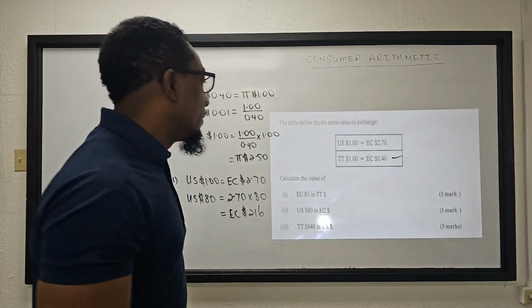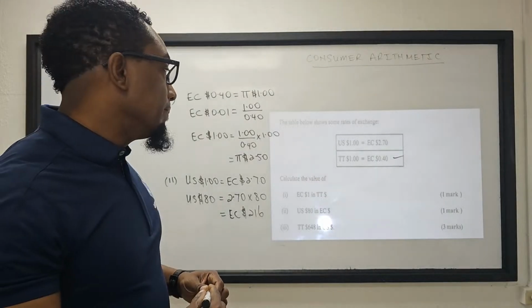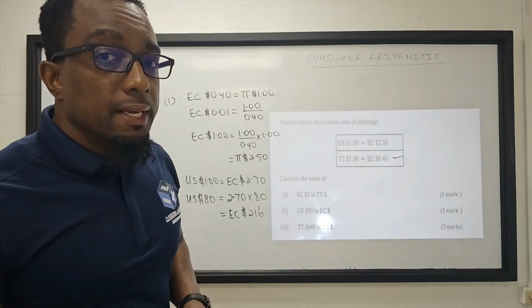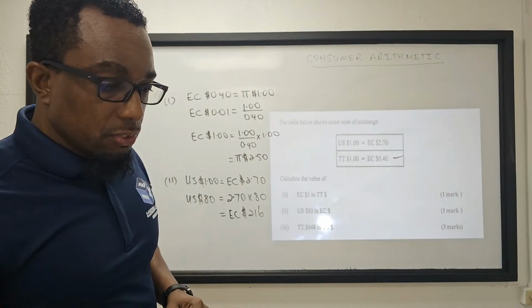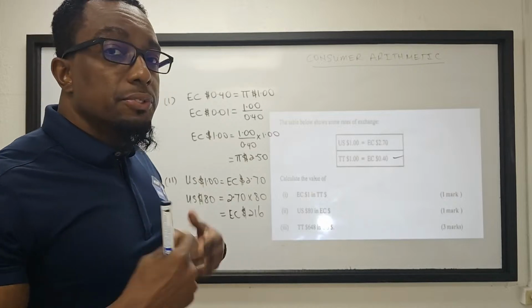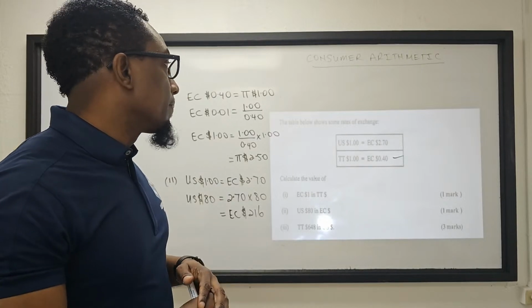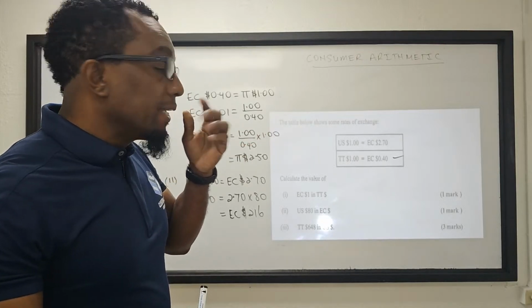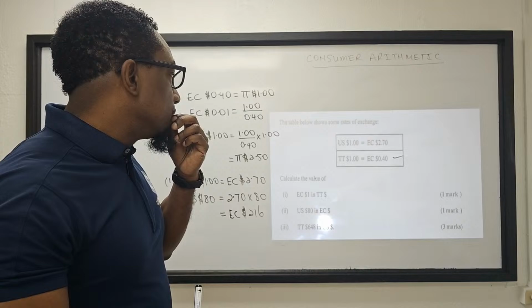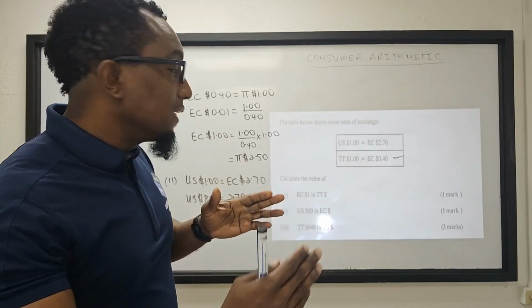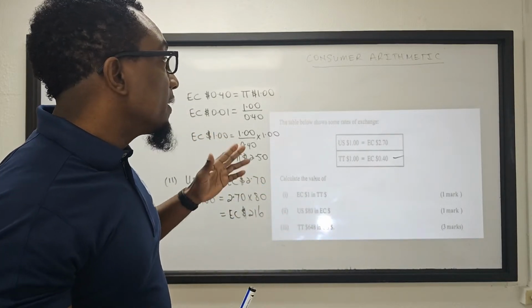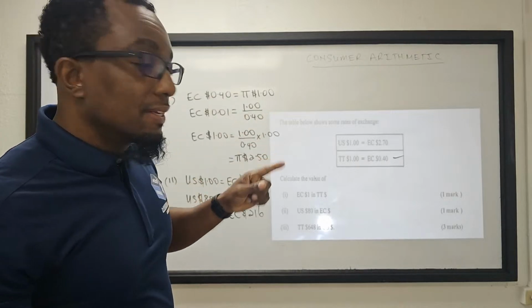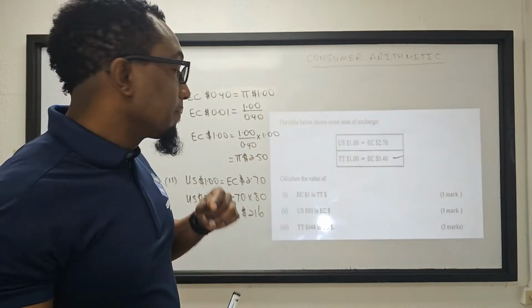Part 3, they want us to convert TT $648 to US. So to do so, again, we look at our rates of exchange, and there is no rate of exchange between TT and US. It's in US and EC, TT and EC, not TT and US.